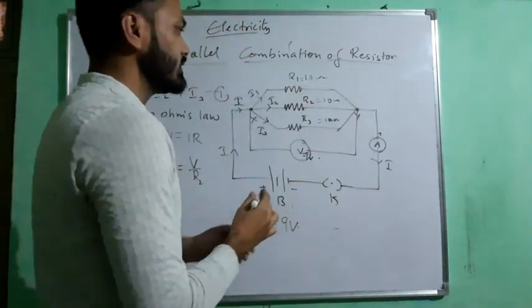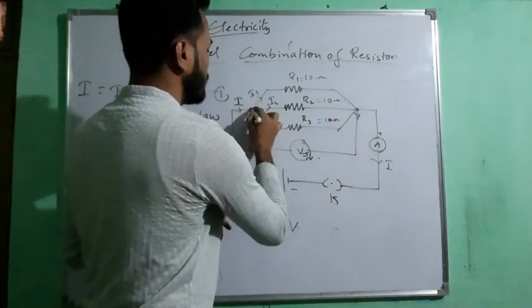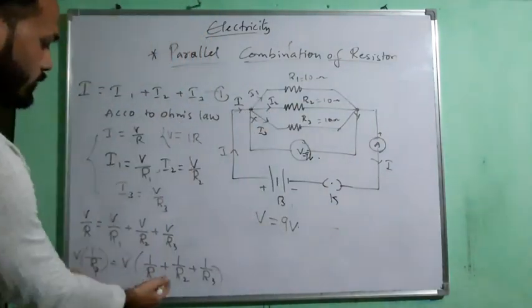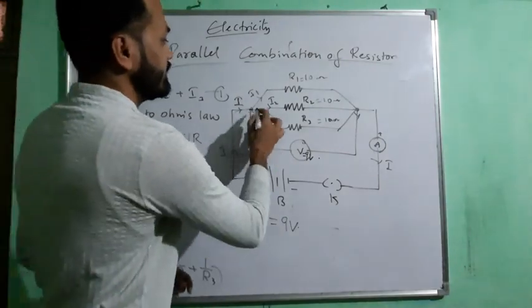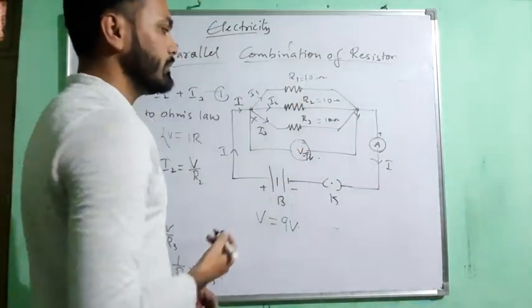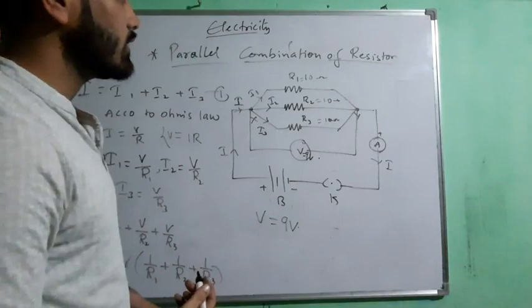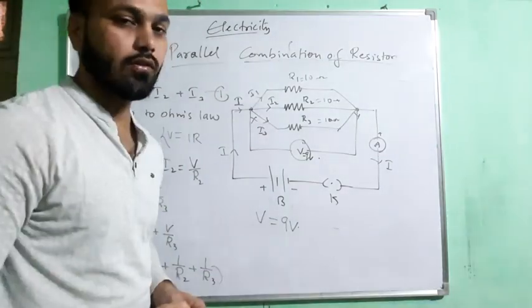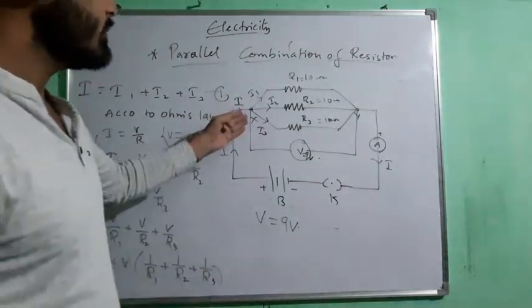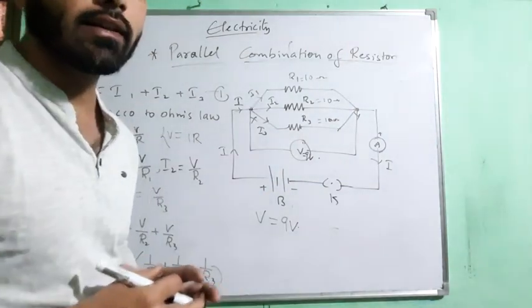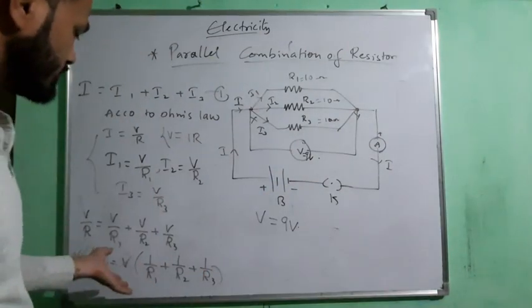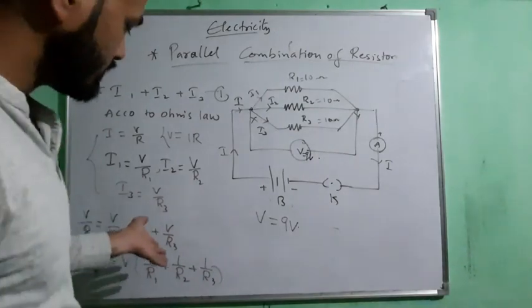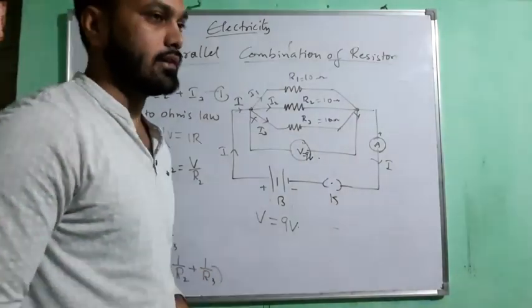What is the resistance between these 2 points? That can be found using this formula, and whatever value of resistance we get, we can place here. So this is all about the parallel combination of resistors. Remember, between these 2 points, if you want to find the resistance, the formula is 1 by Rp is equal to 1 by R1 plus 1 by R2 plus 1 by R3.